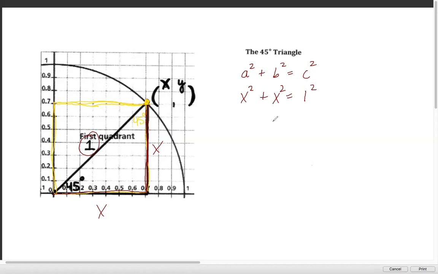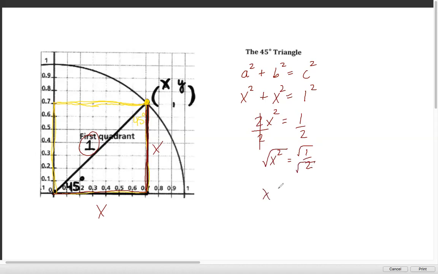Now doing some algebra, we have 1x squared plus another x squared is 2x squared, and that equals 1 squared, which is still 1. Now divide both sides by 2. So we have x squared is equal to 1/2. Take the square root of both sides.